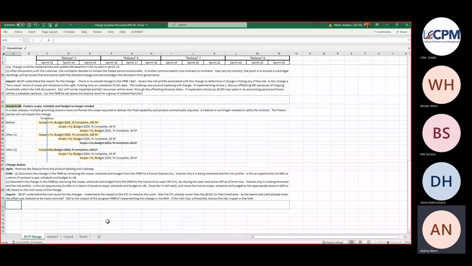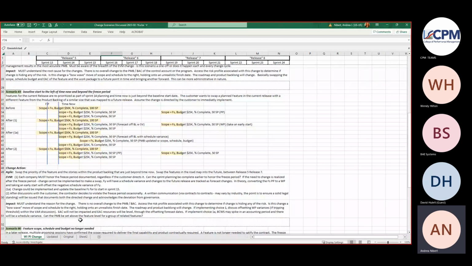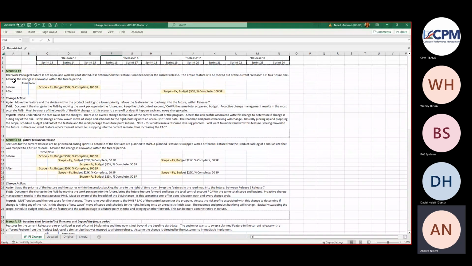The last time we got through 6 different scenarios. So I will just summarize. We document what the scenario is all about. The work package feature is not open, work is not started, and then we're showing the before and after, and then talking about the change action from an Agile perspective, an EVM perspective, and the impact.